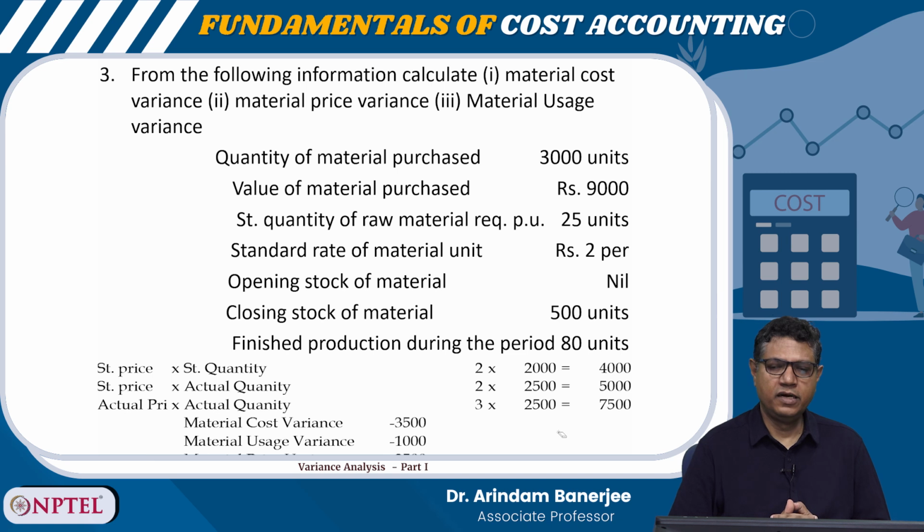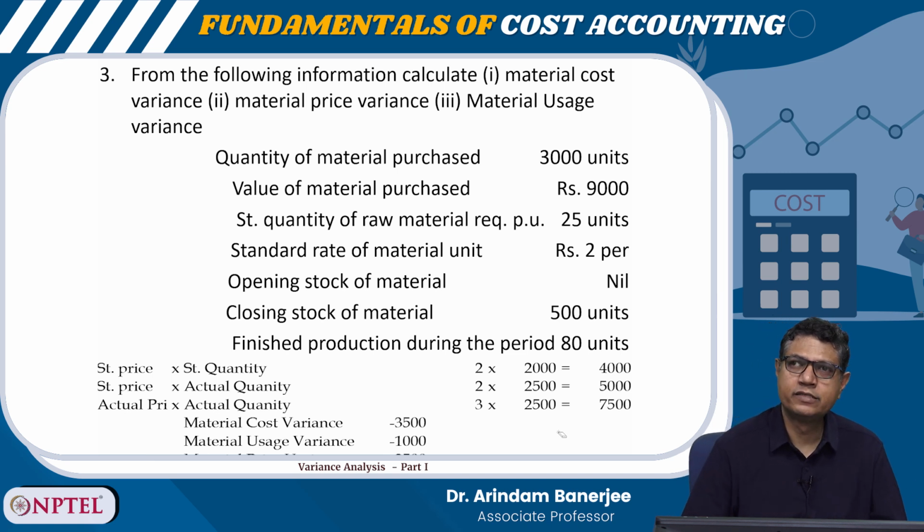Okay, now let's look at another example where the quantity of material purchased is given as 3000 units. Value of material purchased is rupees 9,000. Standard quantity of raw material required per unit is 25 units, and opening stock is 0, and closing stock of material is 500 units, and finished production is 80 units.